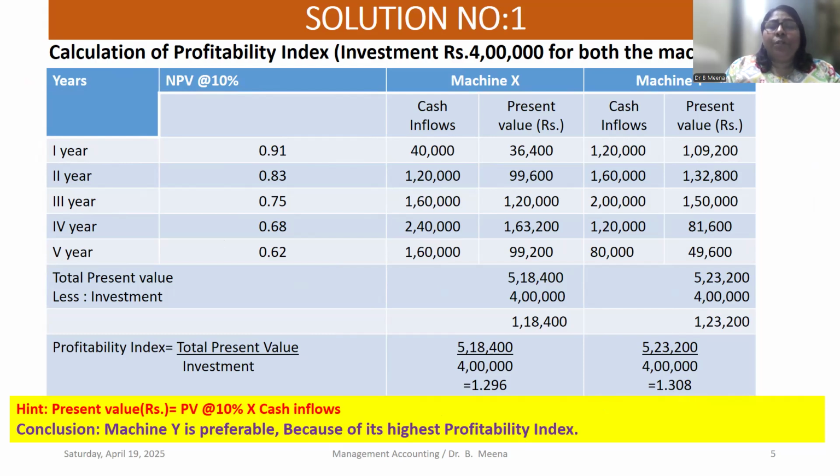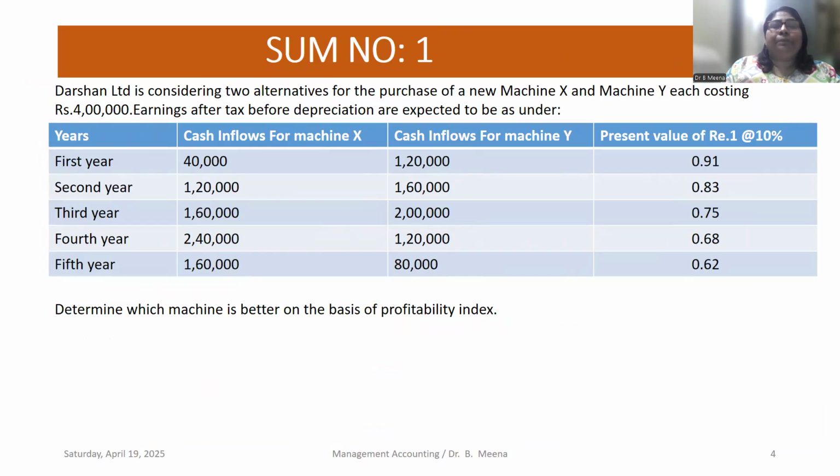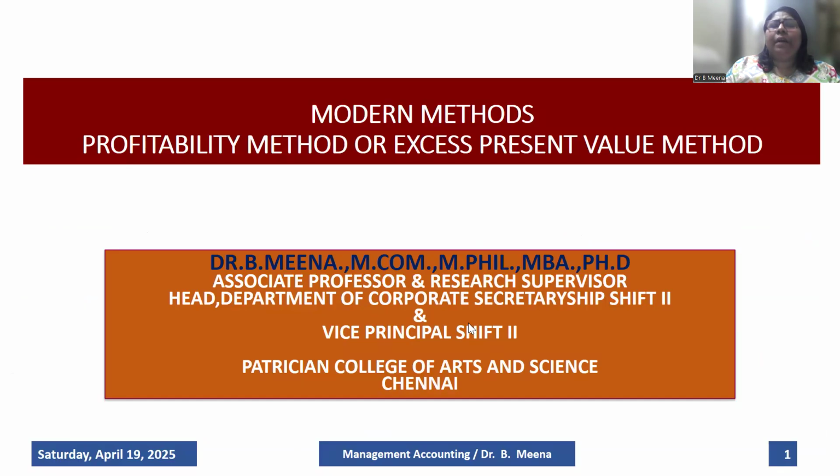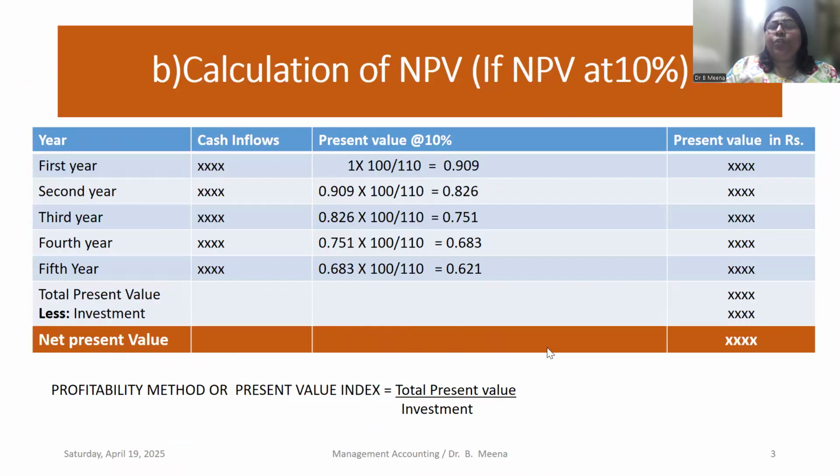So on the whole, if the question asks you to calculate the profitability index, or to determine which machine is better based on the profitability index, or asks under the excess present value method, you just calculate the total present value divided by investment. This is the formula to calculate the profitability index, which is otherwise known as the present value index.